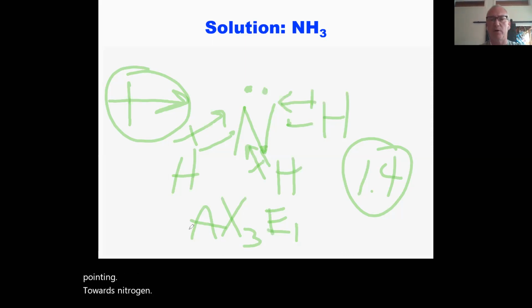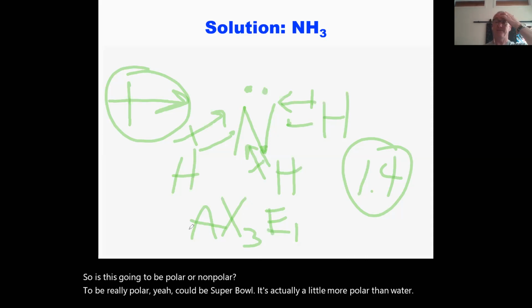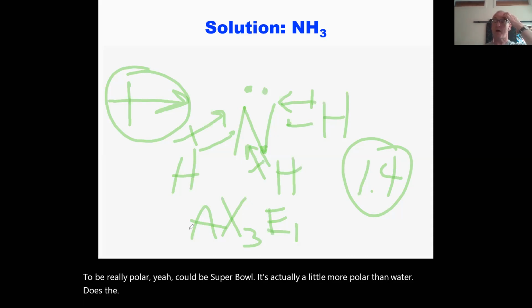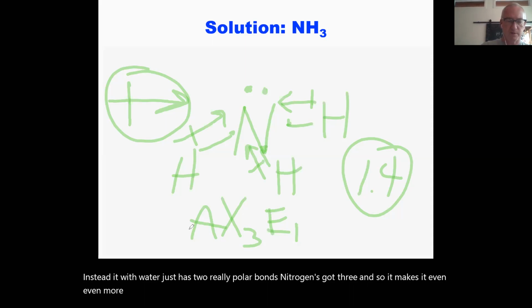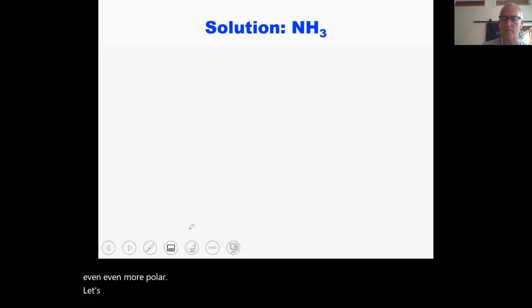So is this going to be polar or non-polar? Polar. It's going to be really polar. It's actually a little more polar than water, because water just has 2 really polar bonds. Nitrogen's got 3, and so it makes it even more polar. Let's have a look and see what we get here.